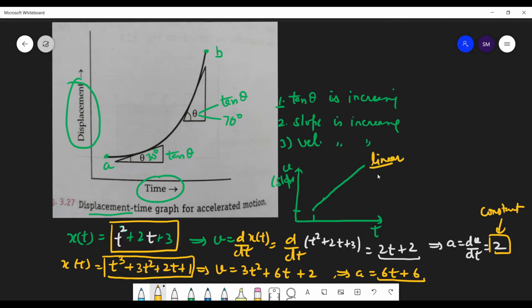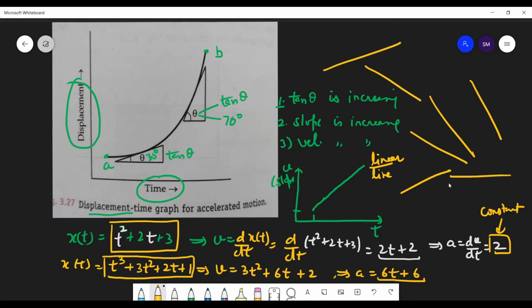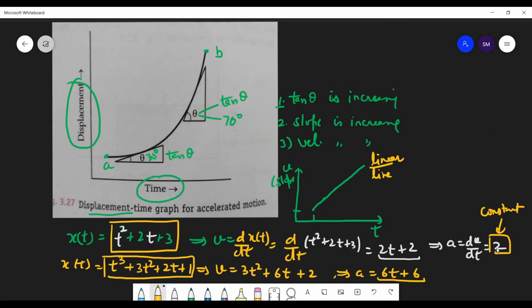Linear means line. Wherever you draw a line, wherever you like, it will be linear. And we can get linear only when the graph is mx plus c, when you have degree 1, then only you can have this line.